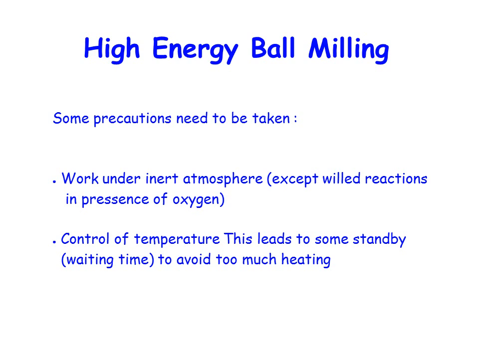So some precautions need to be taken when you use high-energy ball milling. First, you are going to reduce the size of the crystallites, and so increase the number of surface atoms that can interact in particular with oxygen. So you need to be sure that either your sample is inert in the presence of oxygen, or then to use an inert atmosphere like nitrogen or argon to avoid oxidation if you don't want it.